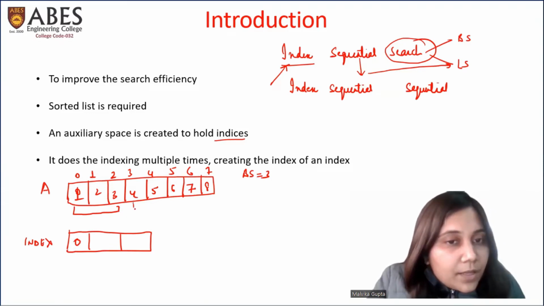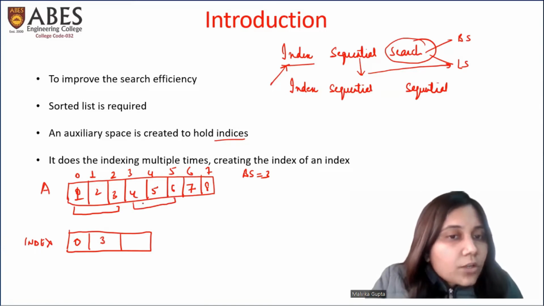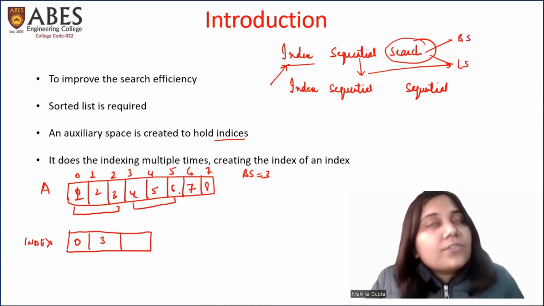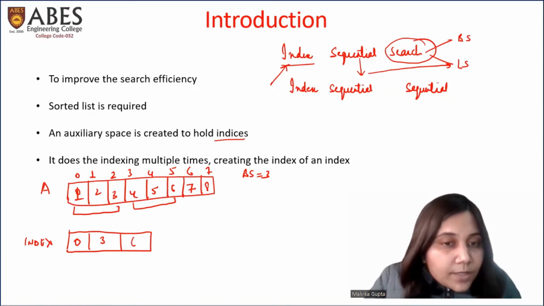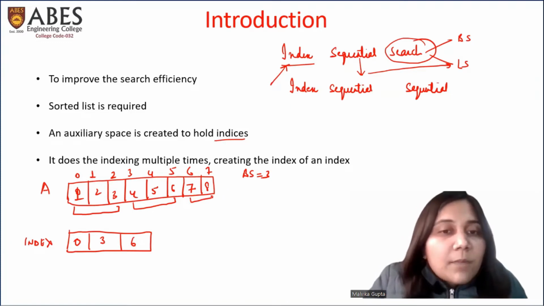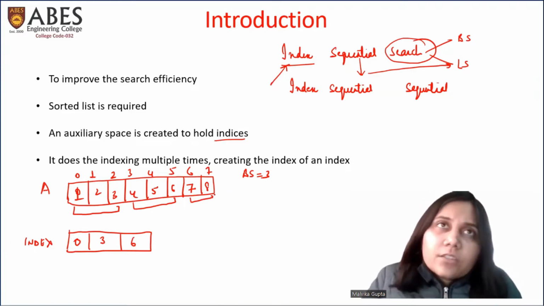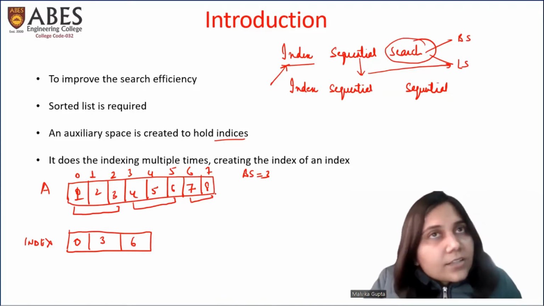The next index starts from 3, responsible for indices 3, 4, 5. The next index is 6, responsible for 6 and 7. It doesn't matter that we don't have any other value because the array has only this much limit. So the block size we have defined is 3.